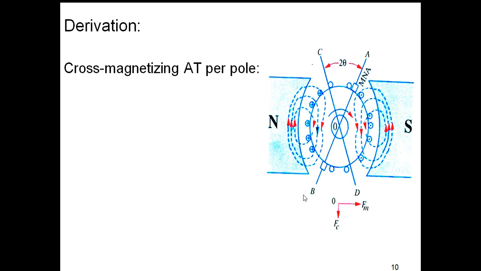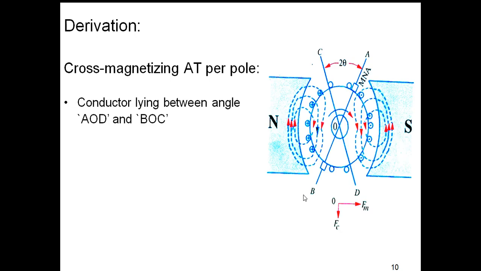Now let's see the derivation for cross magnetizing ampere turn per pole. The conductors lying between angle AOD and angle BOC cause the cross magnetizing effect, so we consider only these conductors.